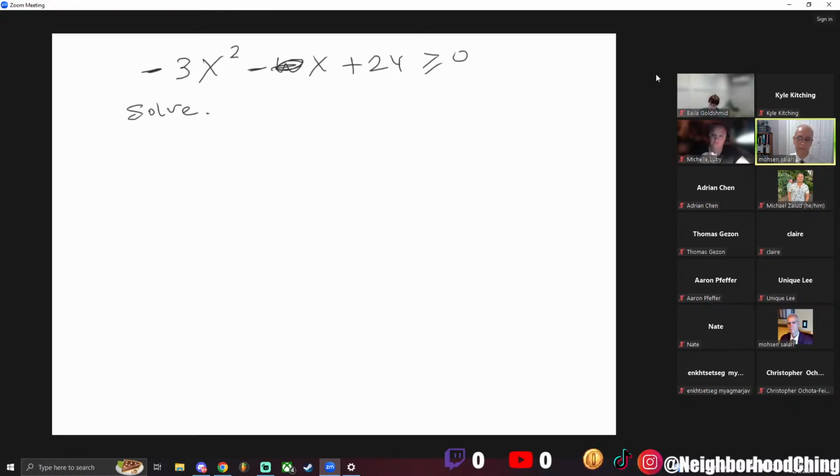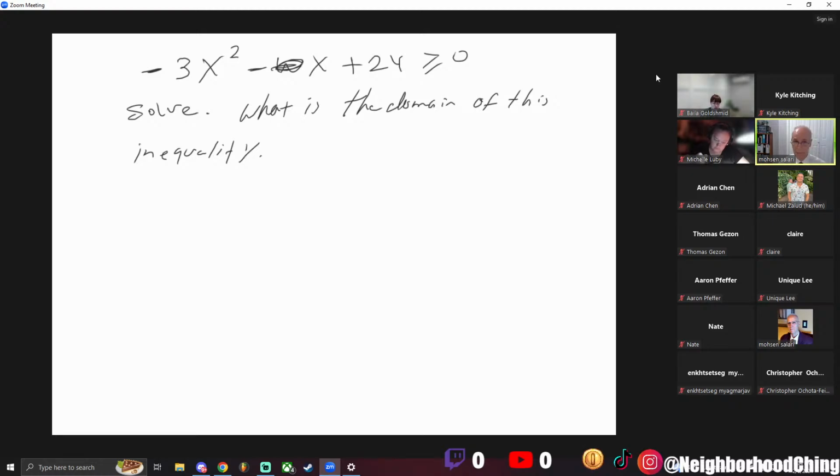In other words, what's the range of... let me write that. What is better than that? Let me just say, what is the domain of this inequality? So for example, when x is 0, on the left-hand side, I get 24. Is 24 greater than or equal to 0?